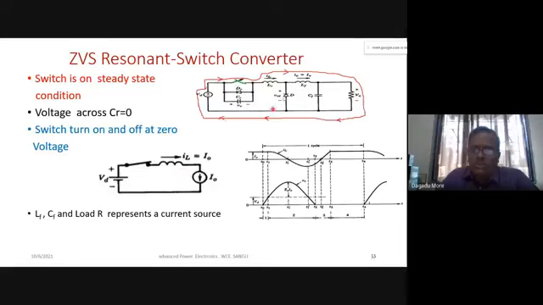LF, CF, and R are represented as a current source. DR and CR are not shown because voltage across CR is zero and DR is not conducting, so we have removed these components. The equivalent circuit when the switch is on is represented by this circuit.